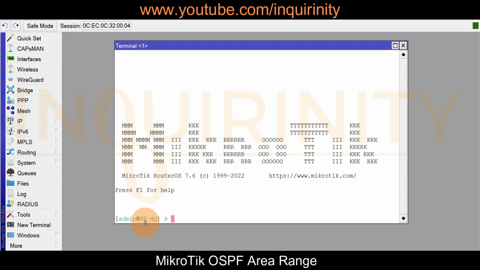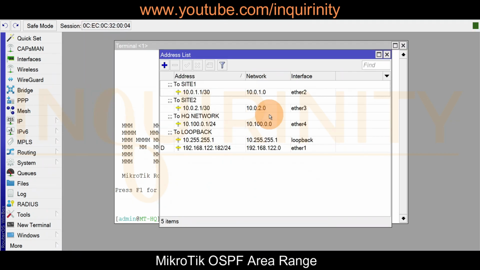So we are here in MTHQ, running RouterOS 7.6. If you take a look at the IP addresses, there's one going to site 1, 10.0.1.1/30 on ether2. The other arm will be 10.0.2.1/30 on ether3.